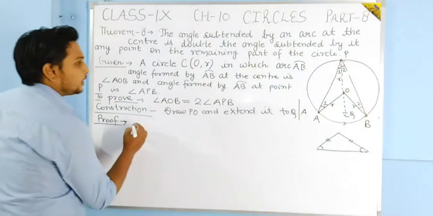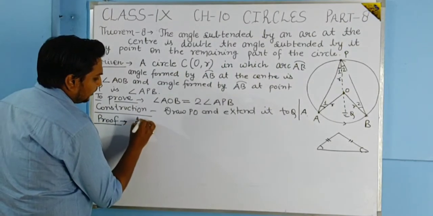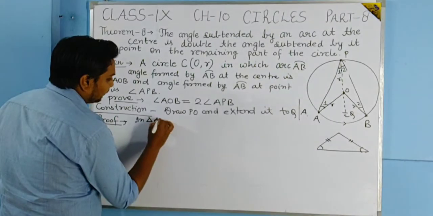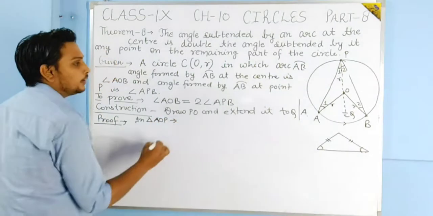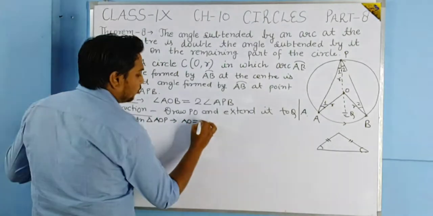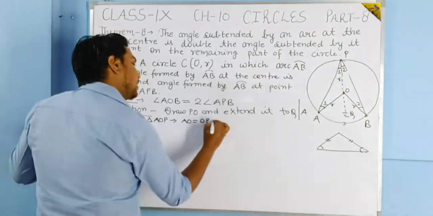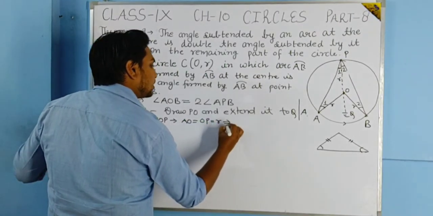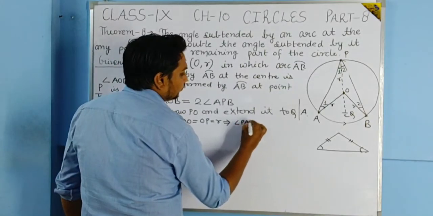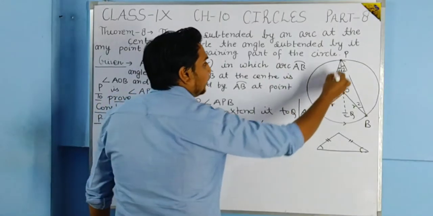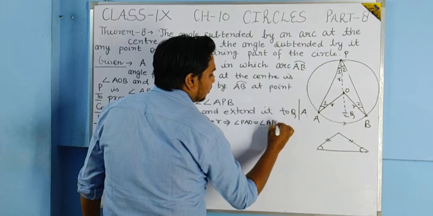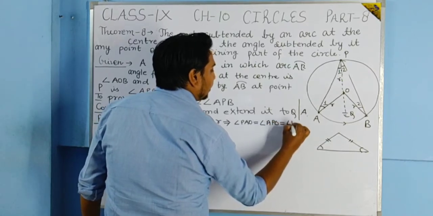So how will we write this? We'll write that in triangle AOP, side AO is equal to side OP, and both are equal to the radius. So this implies that angle PAO is equal to angle APO, and suppose it is angle 1.